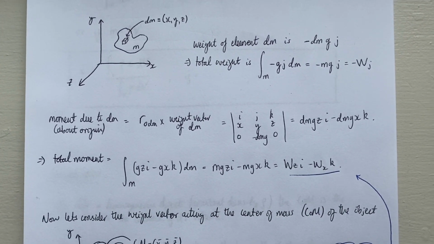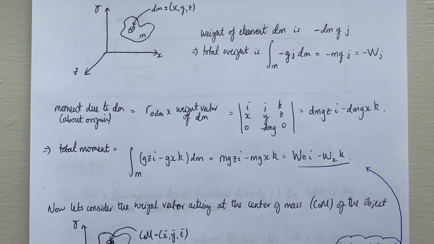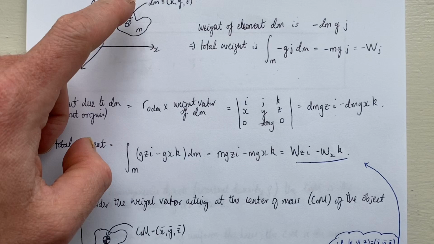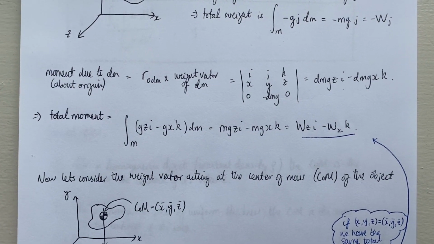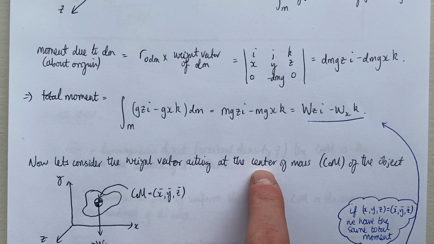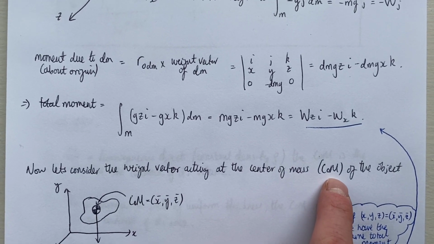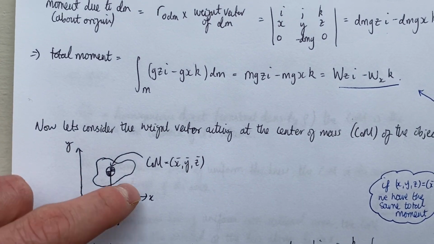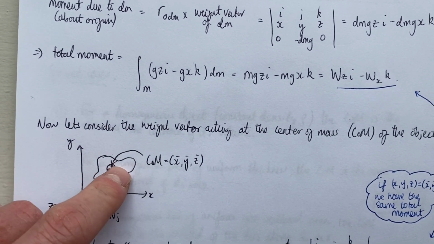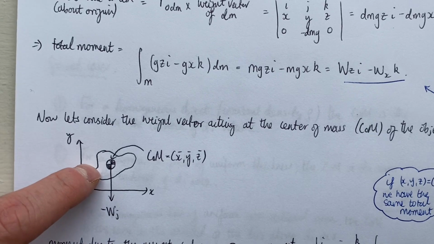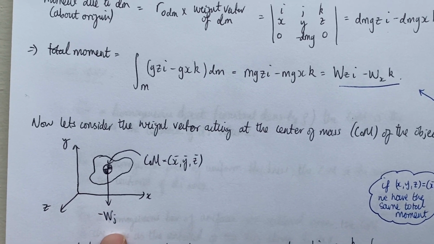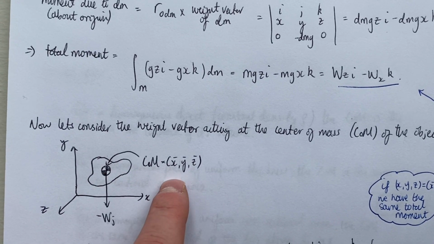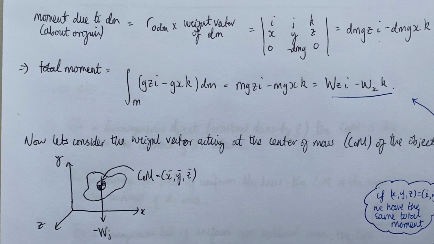Now let's consider a single weight vector acting at the center of mass of this arbitrary blob. By the way, going forward now, I'm going to start abbreviating center of mass as COM. So what I've done here is I've drawn the same arbitrary blob, I've drawn on its center of mass, and I've given it a weight vector, negative W j. And I've said that the center of mass is at coordinates x bar, y bar, z bar.